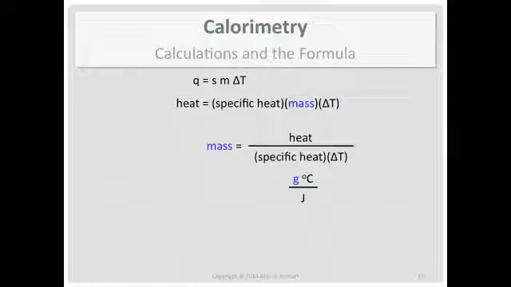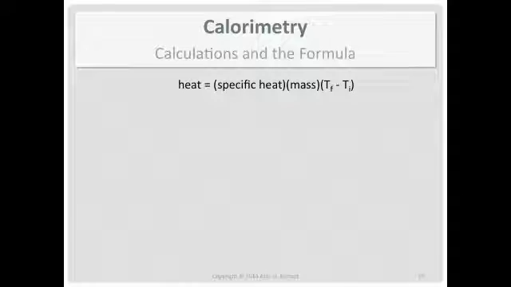Now let's look at delta T. What if you were asked to calculate not the change in temperature, but either the final or initial temperature? Let's say we were taking a sample of a metal that's hot and putting it in cold water, and we want to calculate the final temperature of that piece of metal.